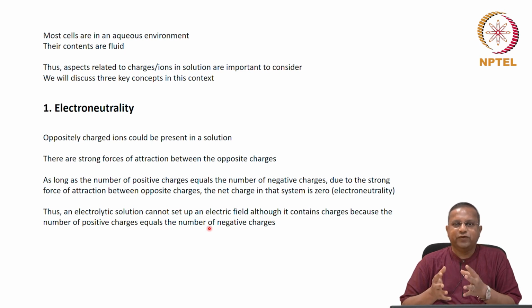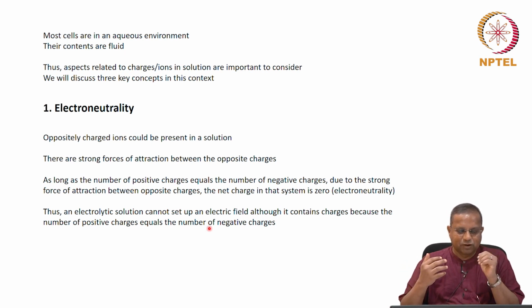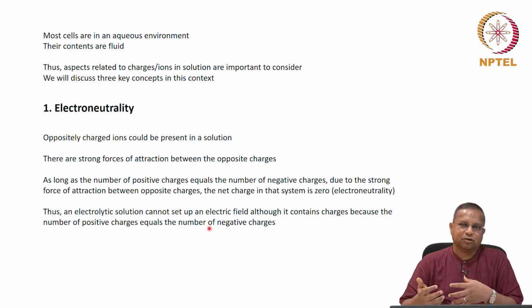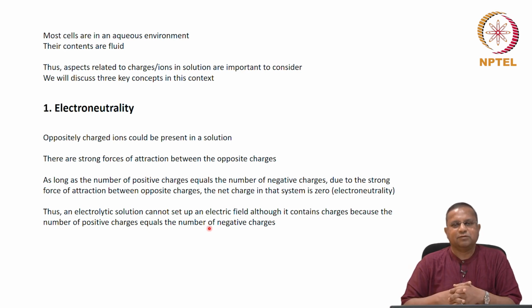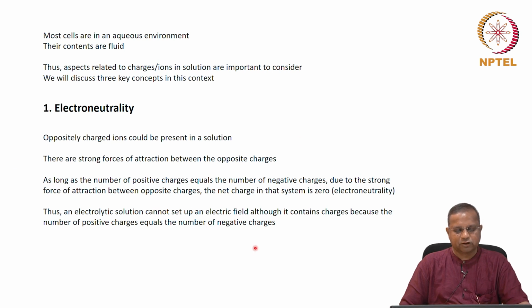So a field is not set up by an electrolytic solution is one of the key things coming out of the principle of electroneutrality, which is certainly very useful for us when we start looking at things in detail to design biological systems, biological processes, biological tools based on electrical aspects. So this is electroneutrality.